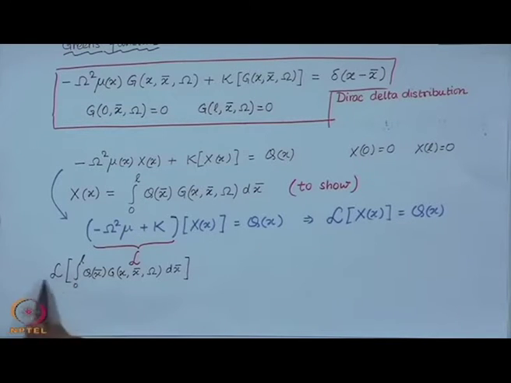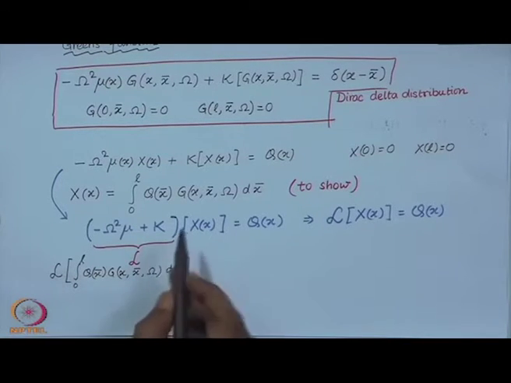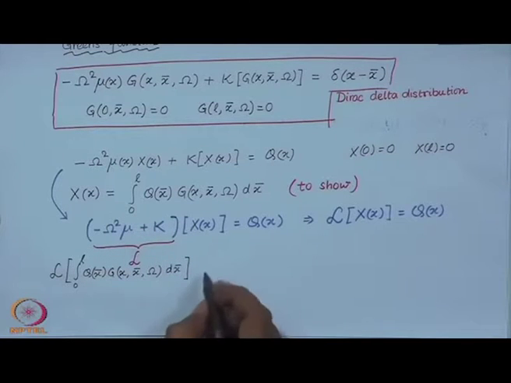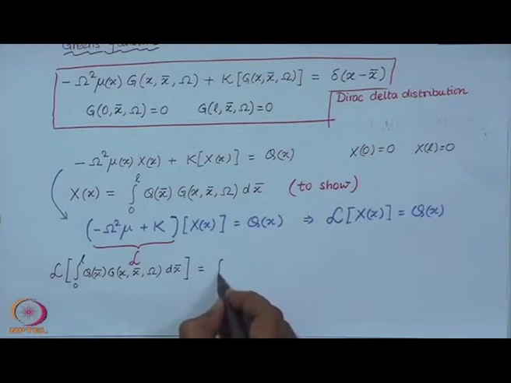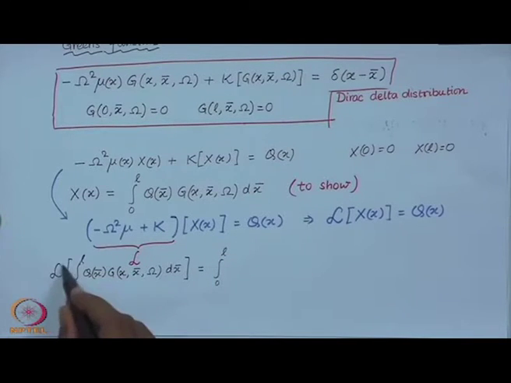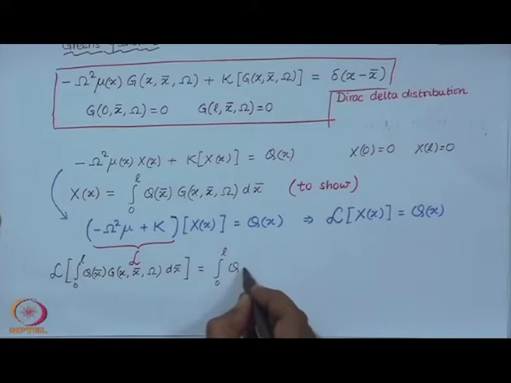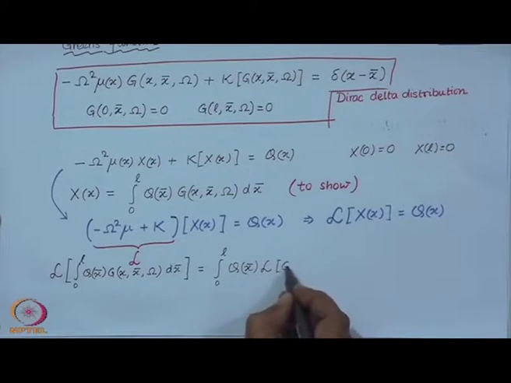So, I assume that this can commute with this integral, because this integral is over x bar, L is an operator on x. So, here I can interchange the integral and the operator, and since this acts on functions of x, it will act only on g.